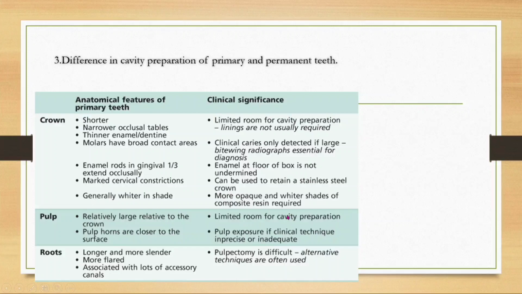It soon ends up in pulpal opening, and roots are longer, more slender and more flared, associated with lots of accessory canals. So pulpectomy is actually difficult. So there is a difference between cavity preparation of primary and permanent teeth.